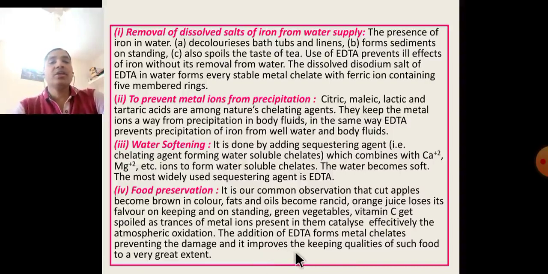The addition of EDTA forms a metal chelate, which prevents the damage and improves the keeping quality of such foods to a great extent. With EDTA added to cut apples or juice kept for a long time, atmospheric oxidation is stopped, and these foods remain of good quality for later use.